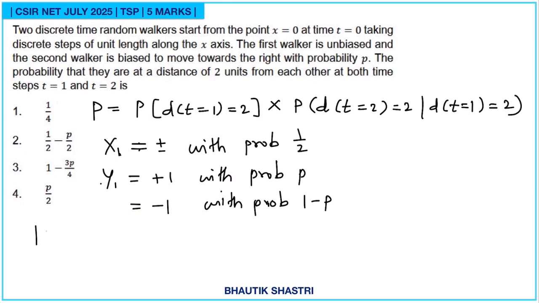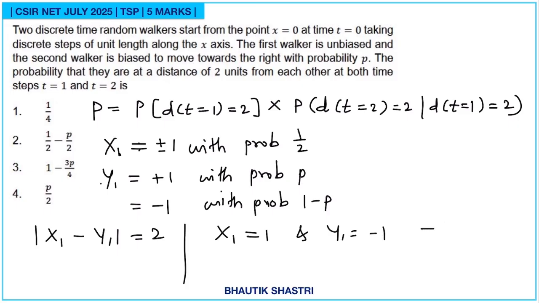The condition is that the distance x1 minus y1 should be equal to 2. When is this possible? It is starting from 0. That means if x1 is 1, then y1 has to be minus 1. Then the distance will be 2. And if x1 is minus 1, that means y1 has to be 1. Then the difference will be 2. So only these two cases are possible.